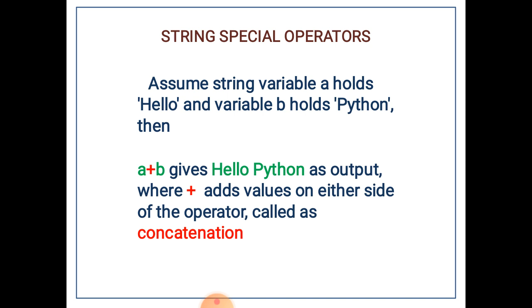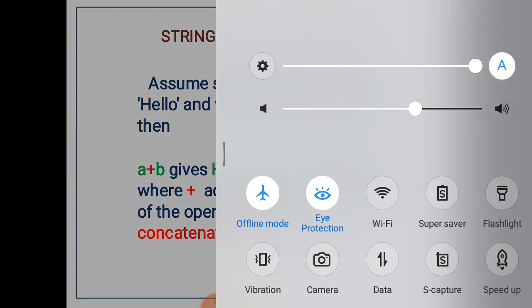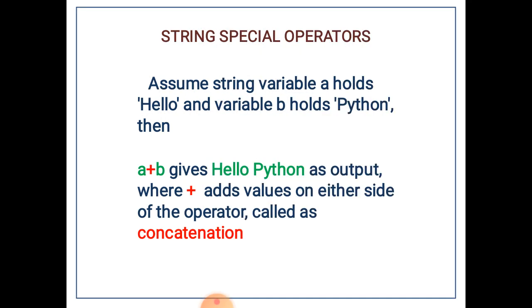Generally, plus is used in arithmetic, but in strings, plus is called the concatenation operator. If we use plus in between strings, two strings can be combined, as you see in the example given here.